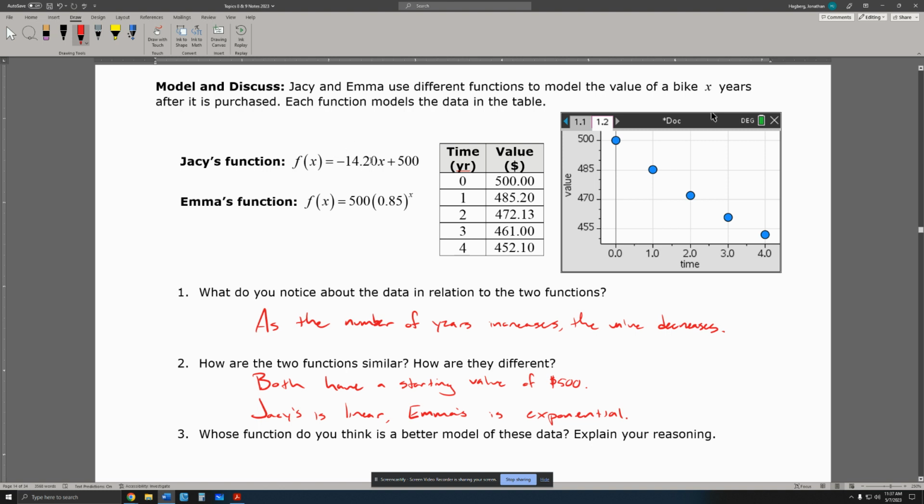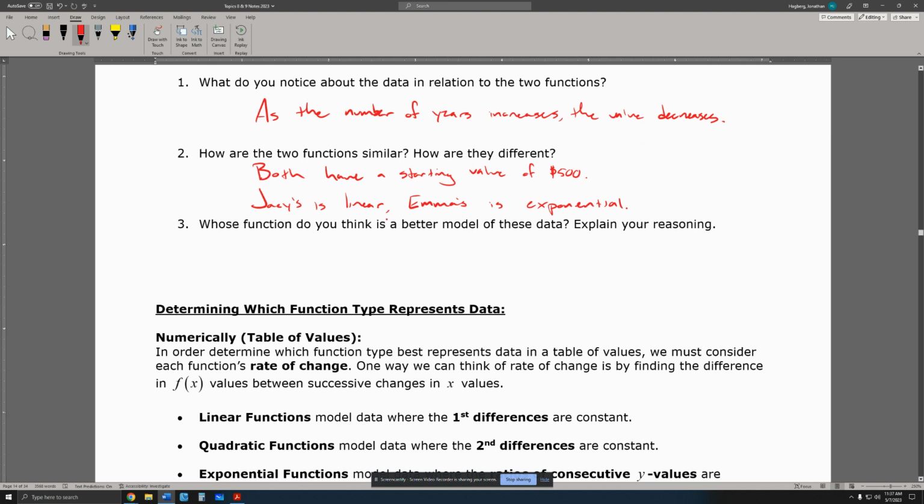Okay. One way we can also test this is by plugging in 1, 2, 3, and 4 for x in each of these functions. If we do, we find that JC's function aligns more closely to the data points. So an example answer for this is JC's because it stays closer to the data points.